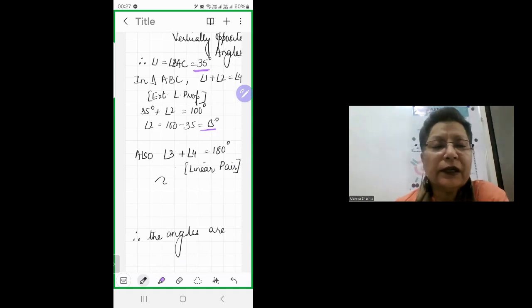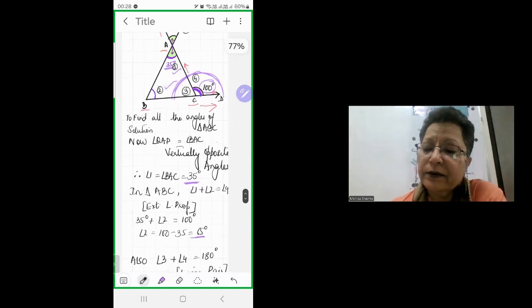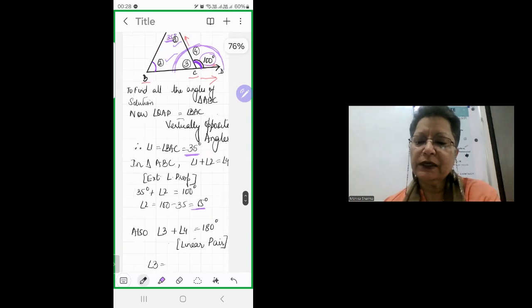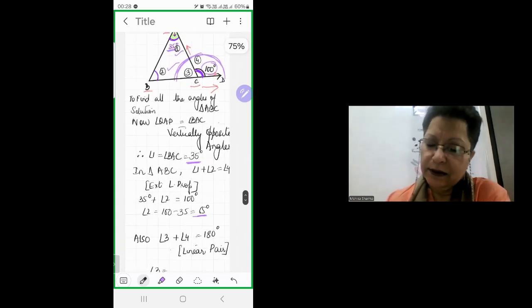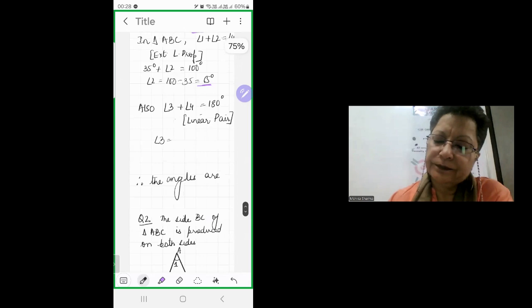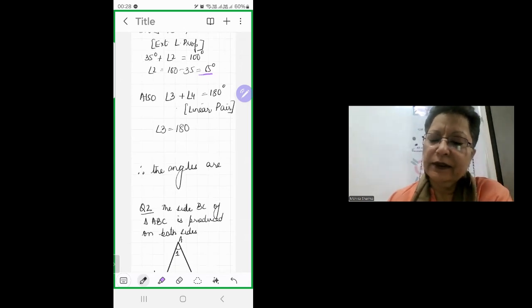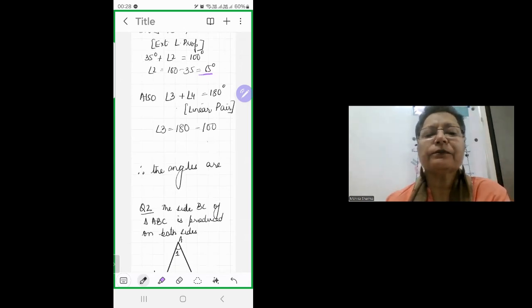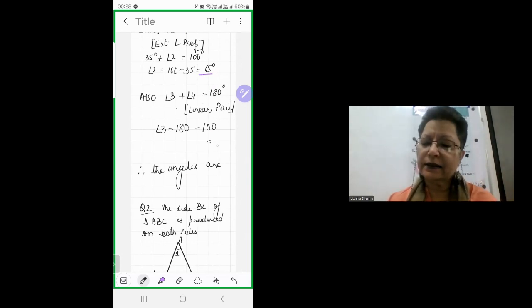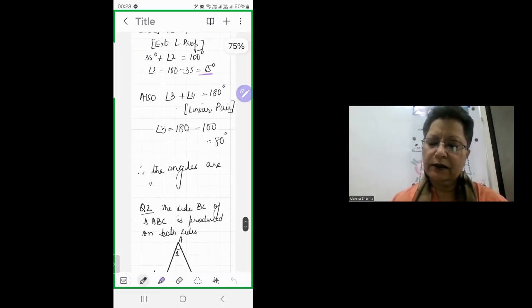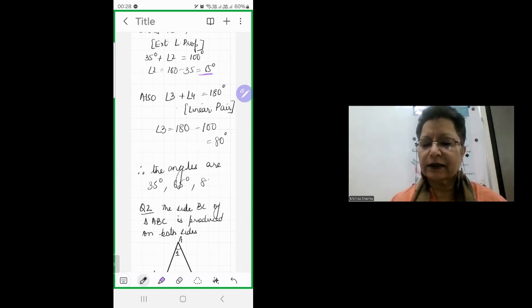So angle 3 then is going to be 180 minus 100, which then comes out to be 80 degrees, right? Therefore, the three angles which we just found out, the first one was 35 degrees, the next one 65 degrees, and the final one 80 degrees.